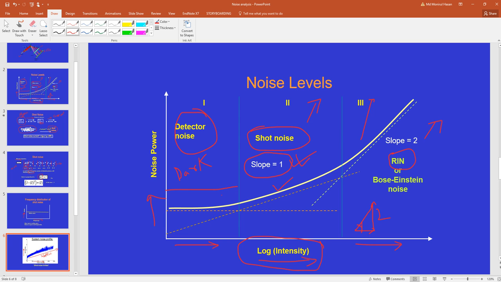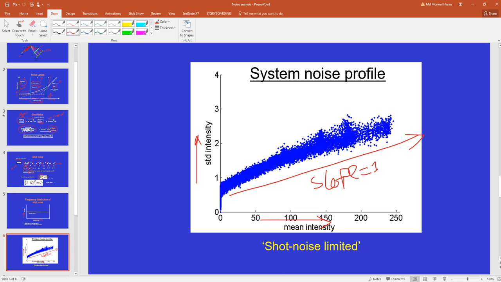And if we have calculated and found that the slope is 1 for our spectral domain OCT setup, then we are running in the shot noise limited region.